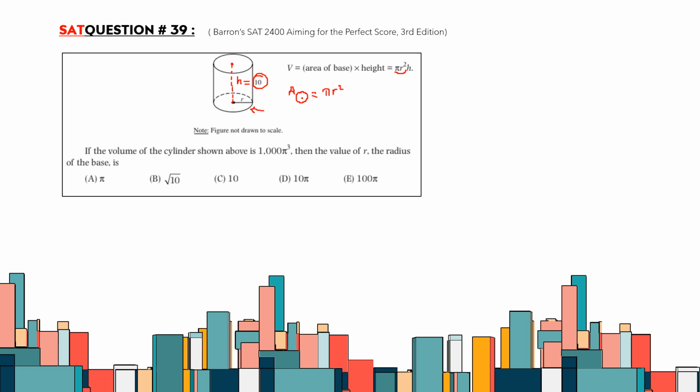We have the volume, the given volume. So that is V, right? So V equals pi r squared h. And the given V is 1000 pi cubed. That equals pi r squared times 10.